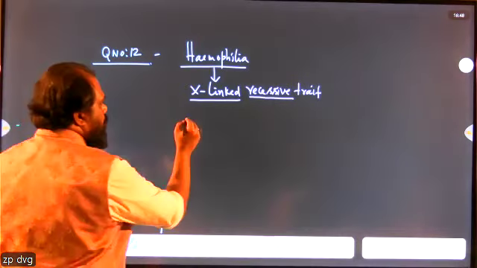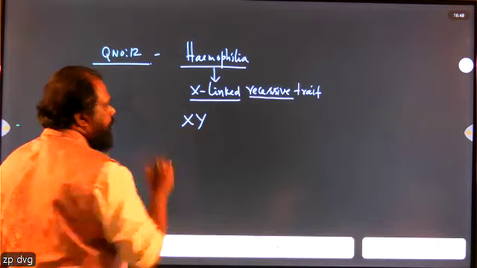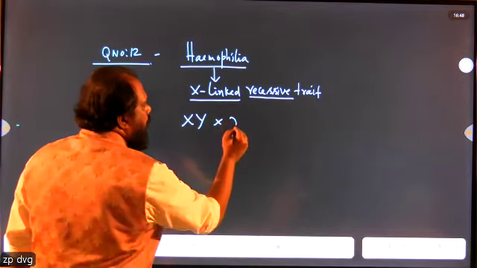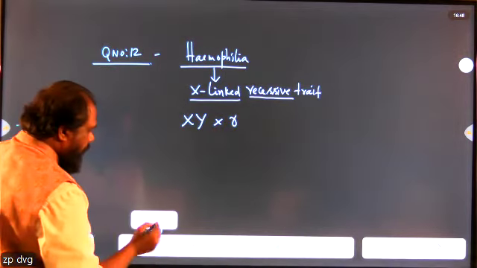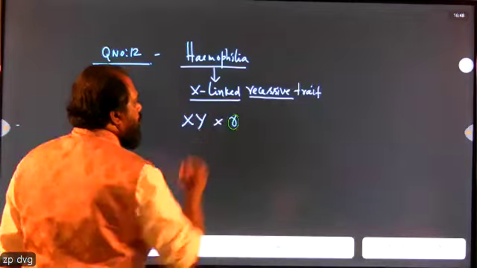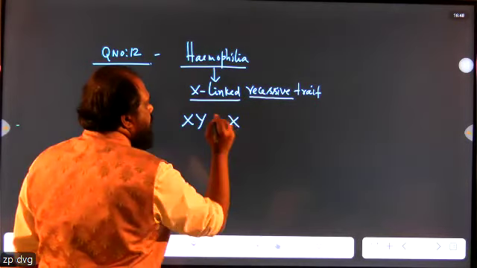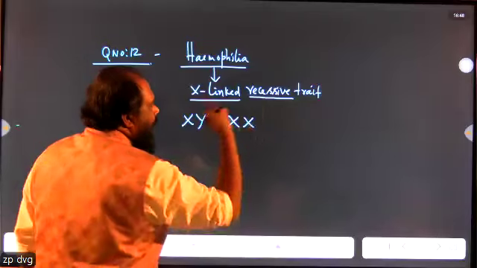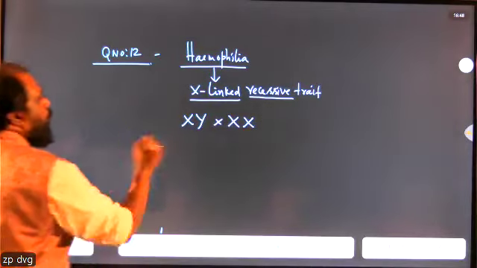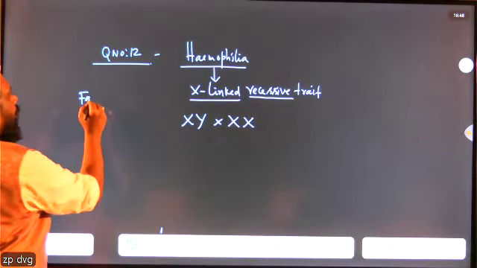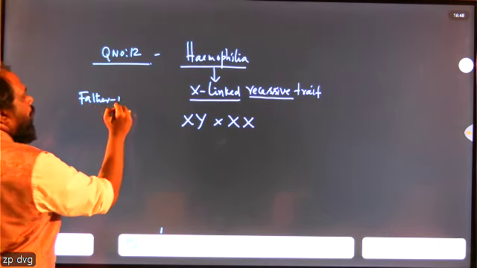Hope you remember normal genotype is XY. But mother is a carrier. So I'll write here, father is normal.